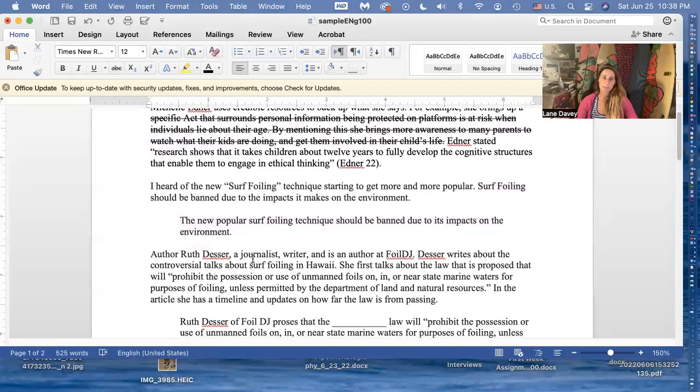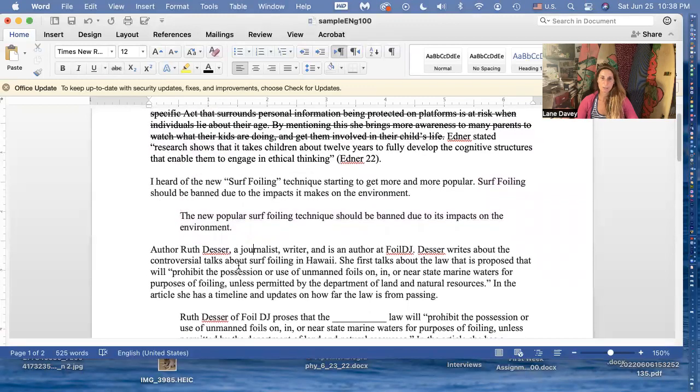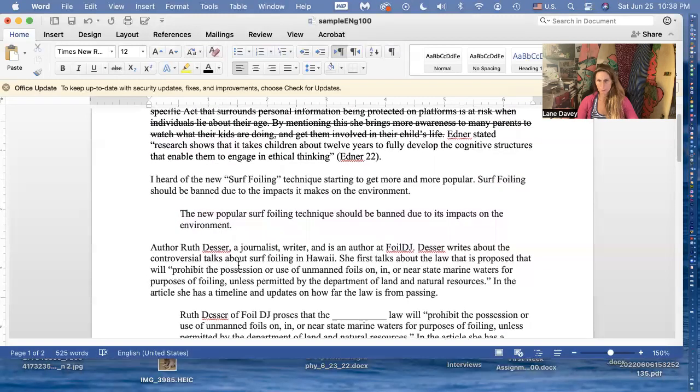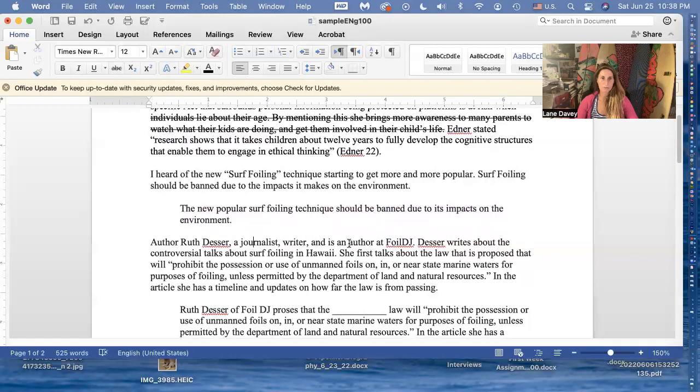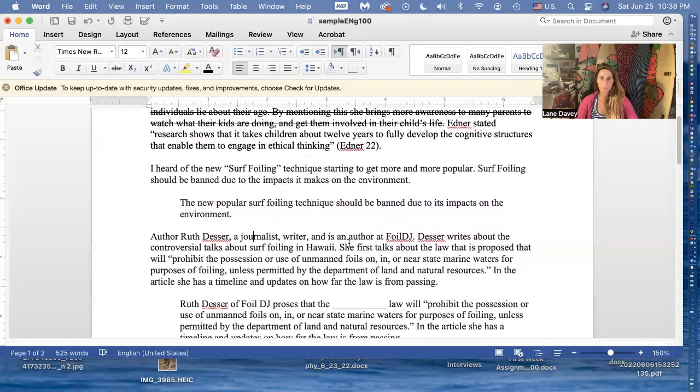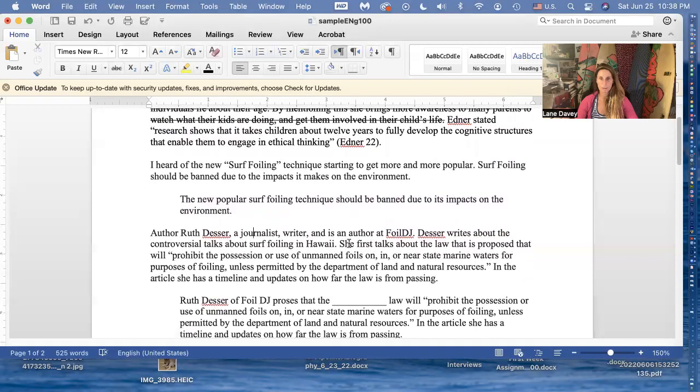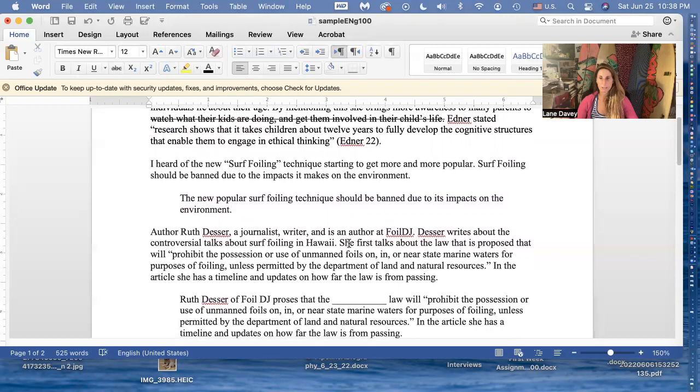Here again, we have another example. Author Ruth Desser, a journalist, writer, and is an author at Foil DJ. Desser writes about the controversial talks about surf foiling in Hawaii. She first talks about the law that is proposed that will, do you see how hard that is to read?